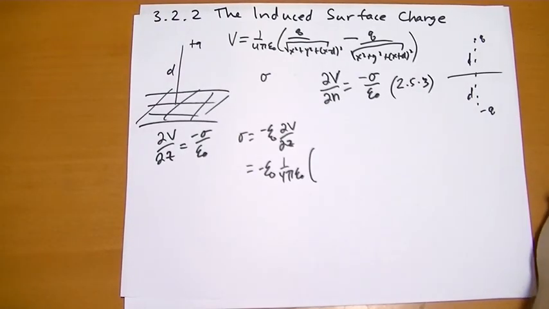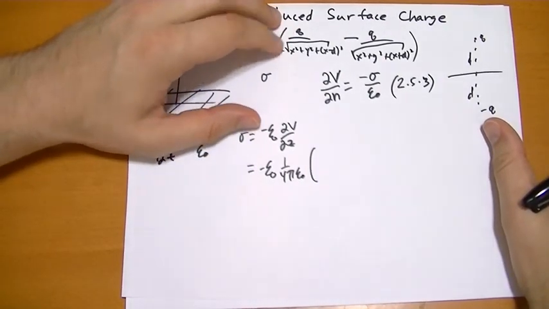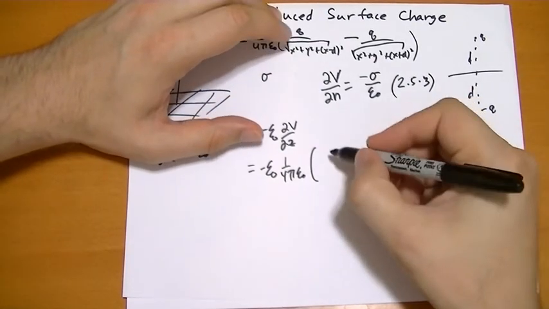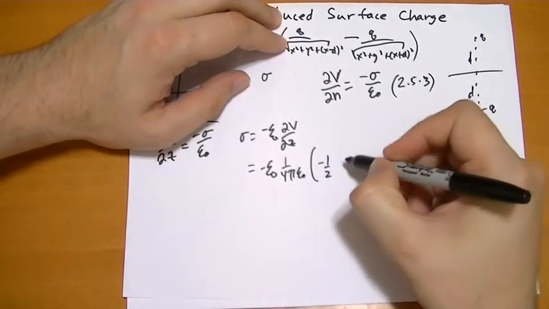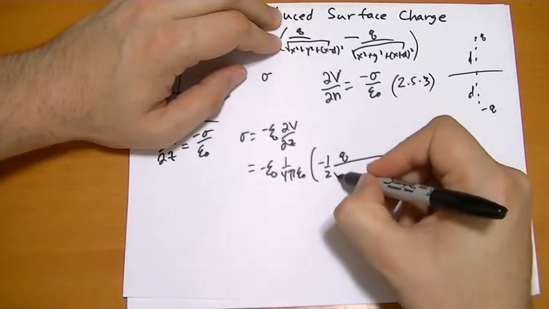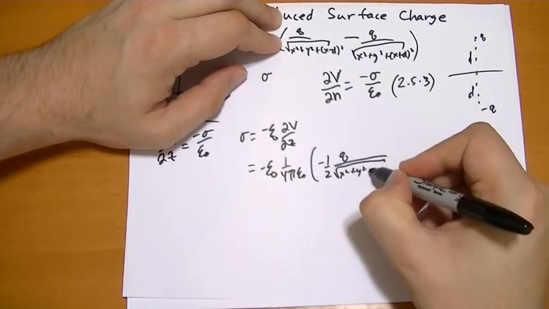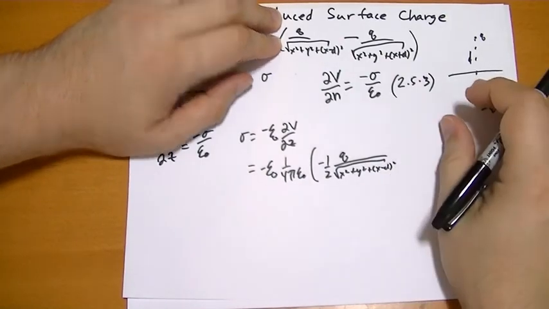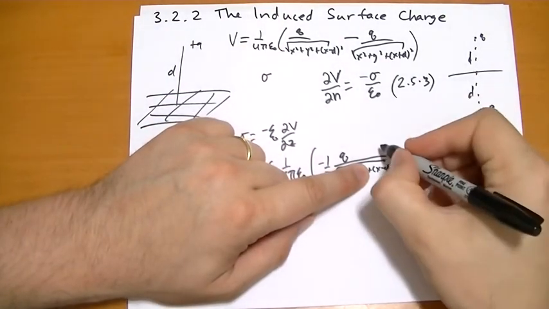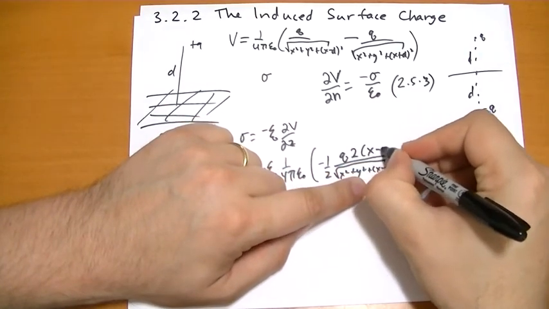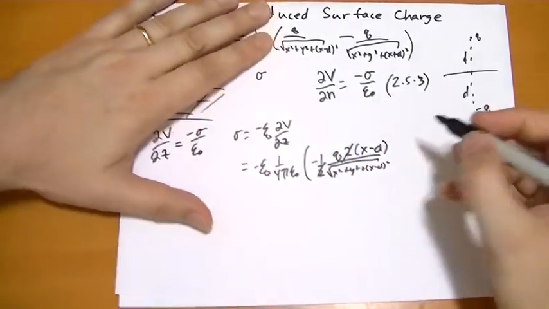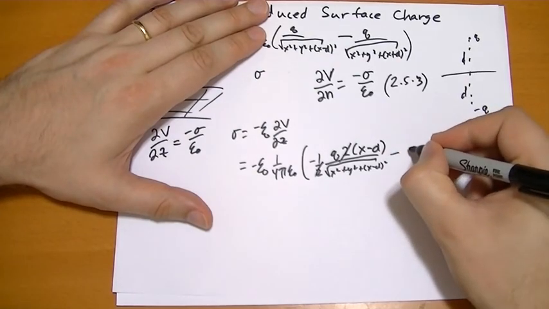Let's be careful with our derivatives here. I actually took more time than I care to admit solving this one. We're taking the derivative of something to the negative 1/2 power. So we have negative 1/2 times q over that thing, x squared plus y squared plus x minus d squared, times the derivative of the thing in the middle. That's 2 times x minus d, and these 2's cancel, and we subtract from negative 1/2.